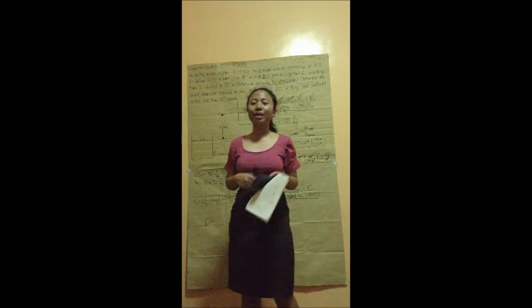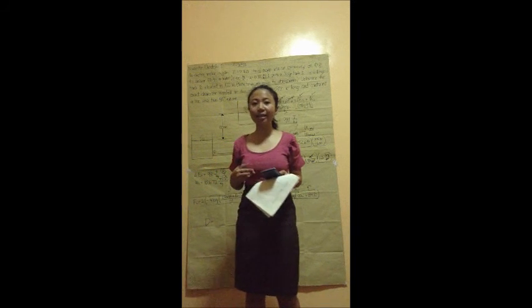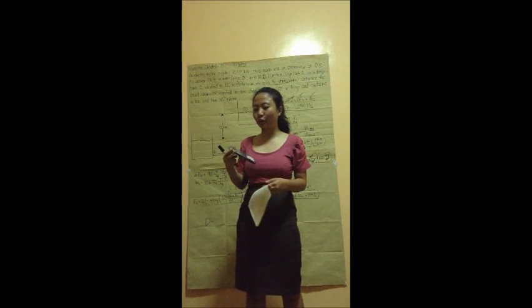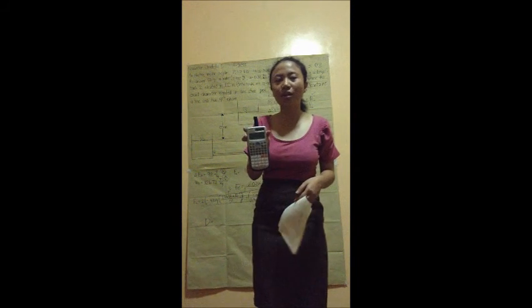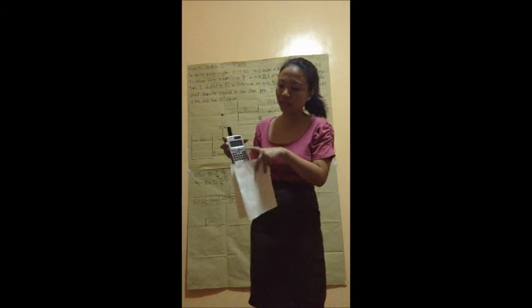Sometimes it would take a few seconds or even a minute before the final answer comes out of your calculator. So, now it took some seconds for the answer to be released in the calculator.